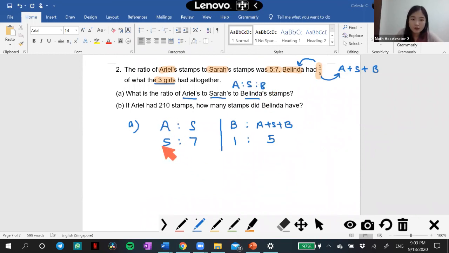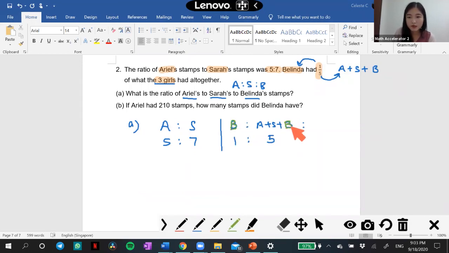Okay, we have arrows. We have Belinda here, and we have Sarah also, but we don't have the equivalent one. We need to make it equivalent first. So how? First of all, can you see that Belinda here is repeated?